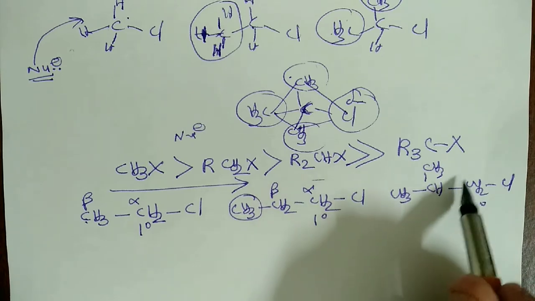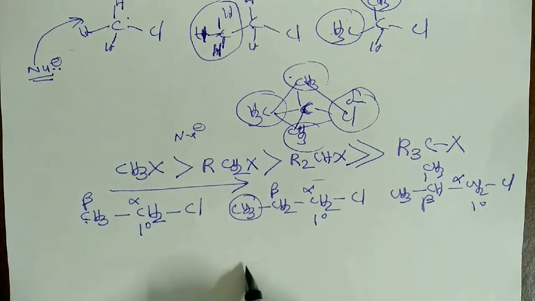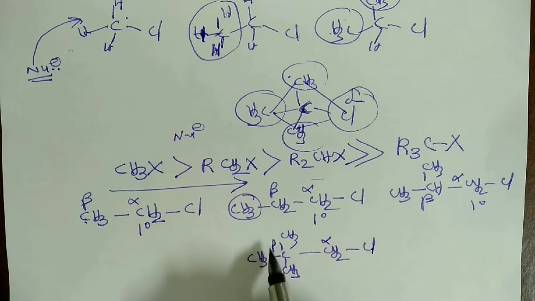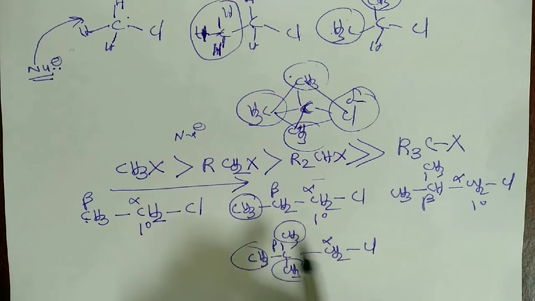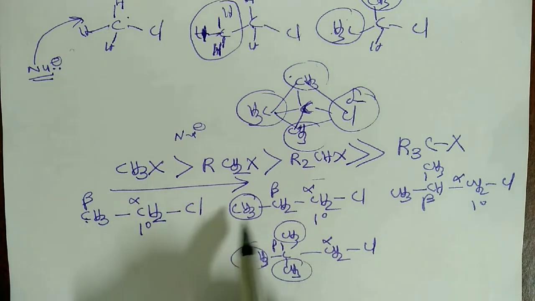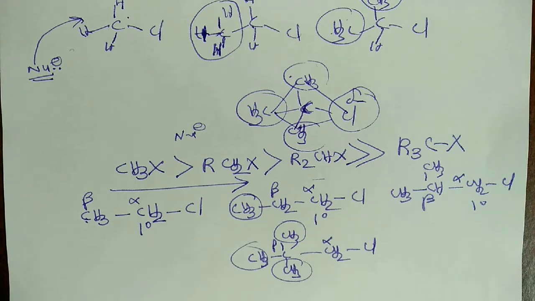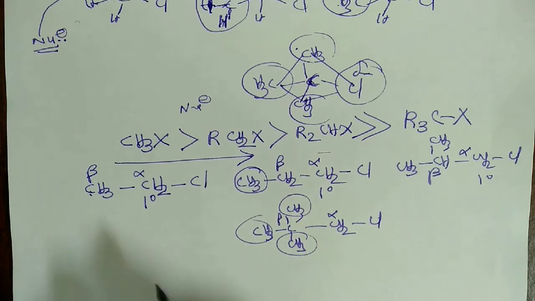It is also primary alkyl halide, but it has two alkyl groups at beta position. And last, neopentyl chloride. Alpha, beta. In neopentyl chloride, there are three alkyl groups at beta carbon atom. So, alkyl groups at beta position also exhibit steric hindrance to the approach of nucleophile. Hence, rate of SN2 reaction decreases.